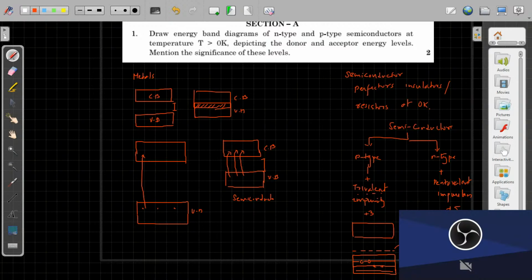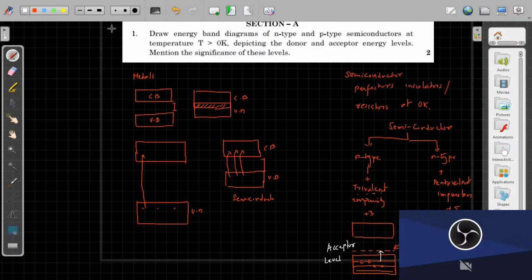This level is called the acceptor level. An electron can easily jump from the valence band to the acceptor level, and they can participate in the conductivity.